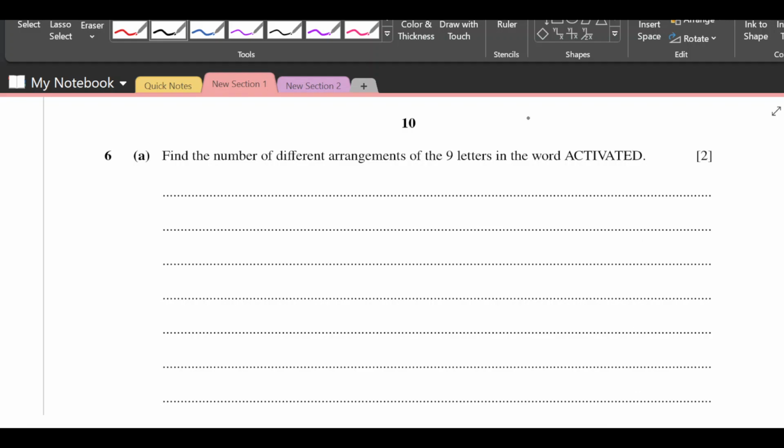Okay, here the problem is: find the number of different arrangements of the 9 letters in the word ACTIVATED. So 9 letters.